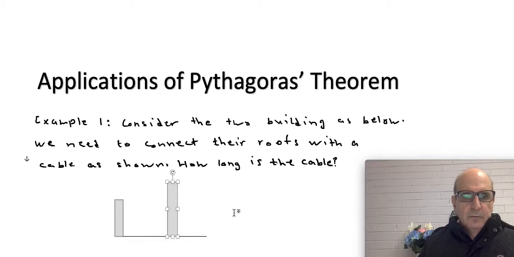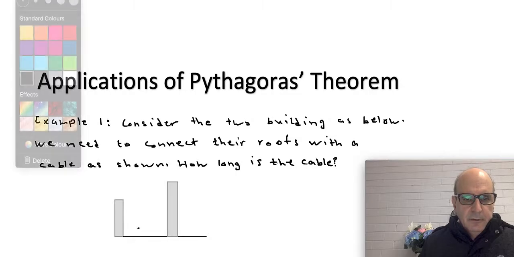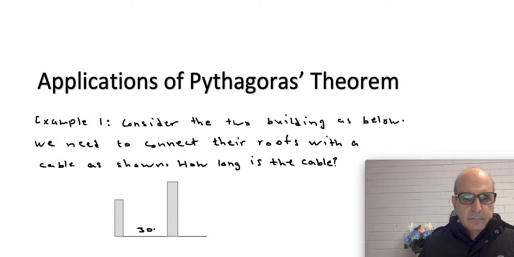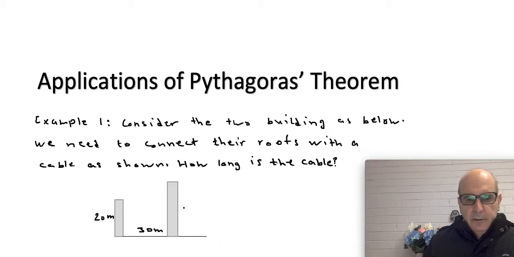Now we know their distance. So they are apart from each other by, say, a distance of 30 meters. This building is, say, 20 meters tall. And this building is 50 meters tall.